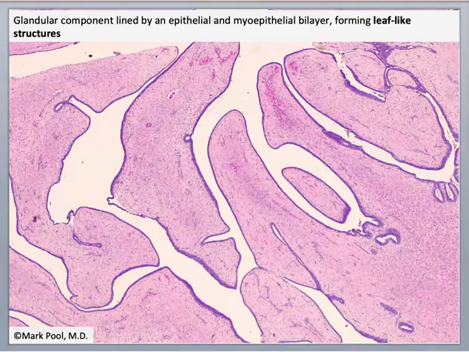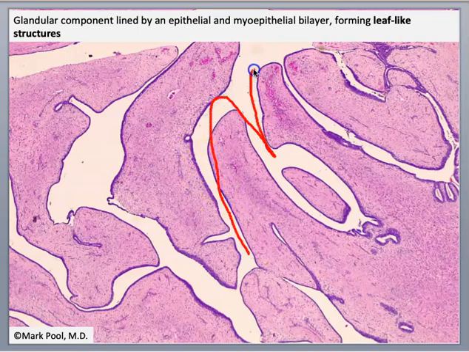We see these characteristic leaf-like projections of stroma and epithelium here. They're more broadly shaped and sort of project into the spaces around them. So leaf-like projections, remember that.